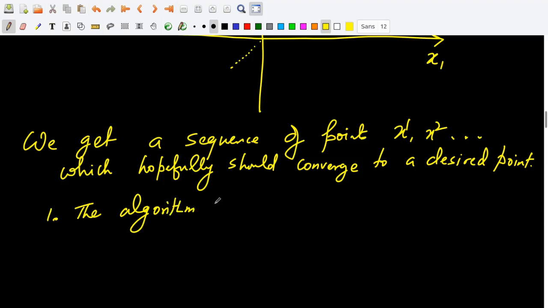That means eventually it should converge, and when it converges, it should converge to a locally minimum point. And second, which is important but not as critical as the first one, is it should be fast.